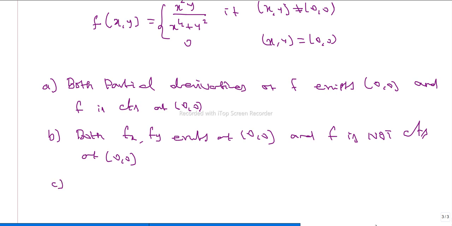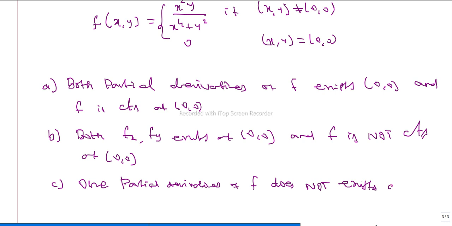The third option: one of the partial derivatives of f does not exist at the point (0, 0) and f is continuous at the point (0, 0).